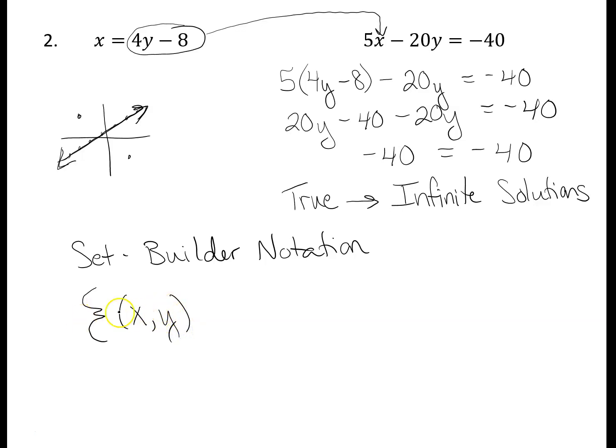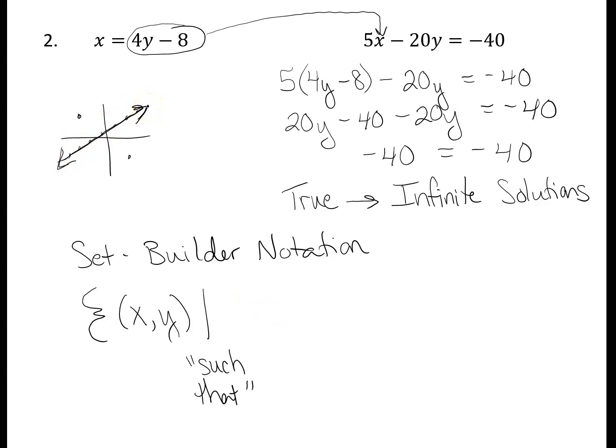Now, what we've written so far means the set of all ordered pairs. Okay. Then you're going to put a bar, just a straight up and down bar. In math, that bar means such that. Okay, so we've got this set of all ordered pairs such that, and then we want to indicate that the ordered pairs are on this line.